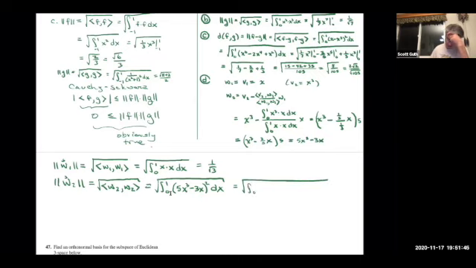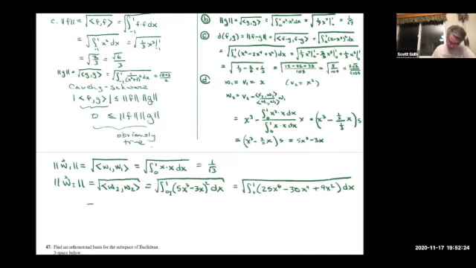So integral 0 to 1, I guess we're going to have a 25x to the 6th, and then you're going to have minus 30x to the 4th, and plus 9x squared. Oh, it's horrible. And now we integrate.